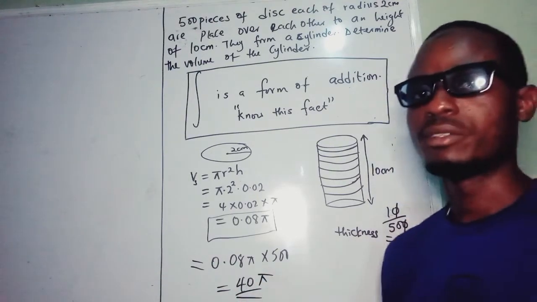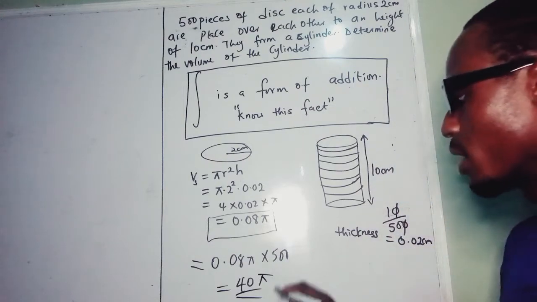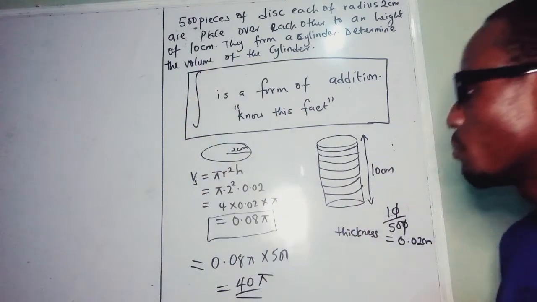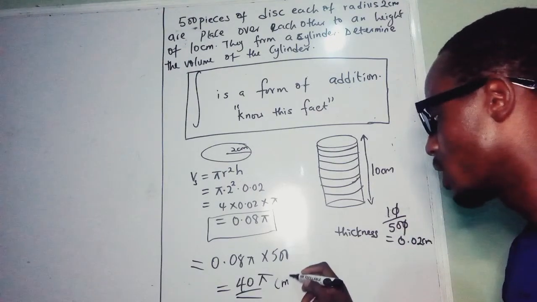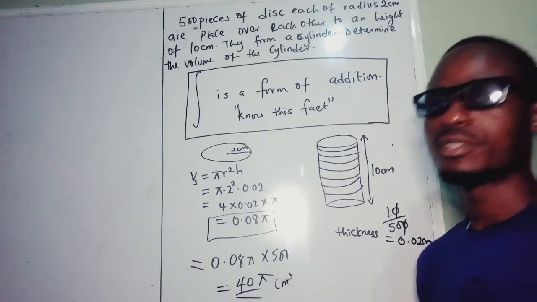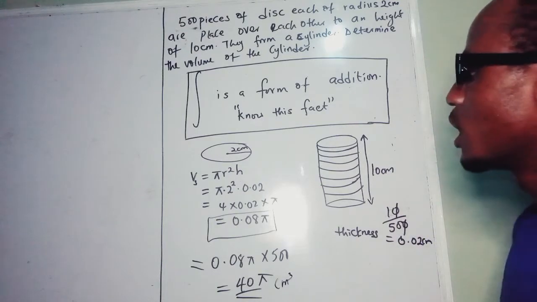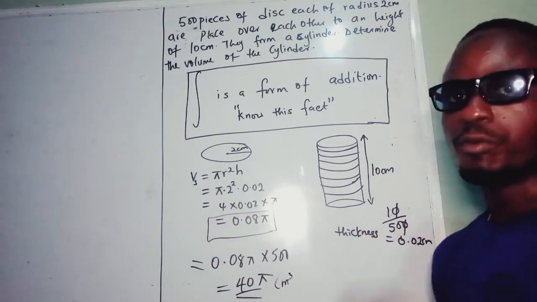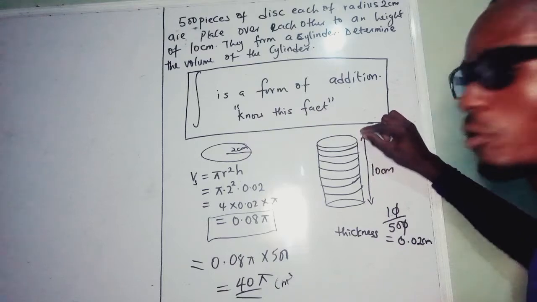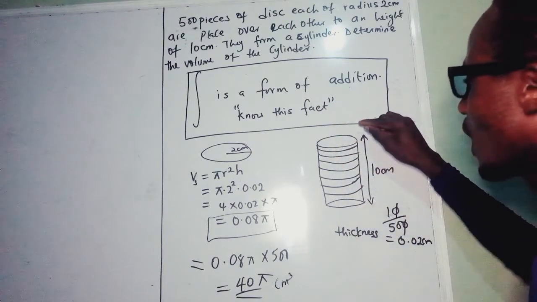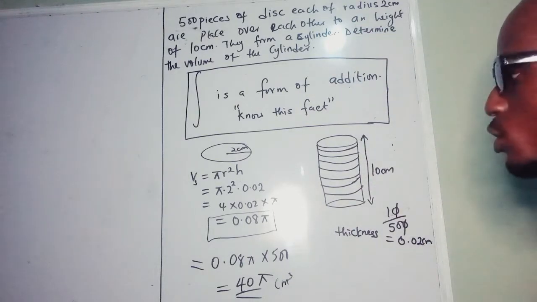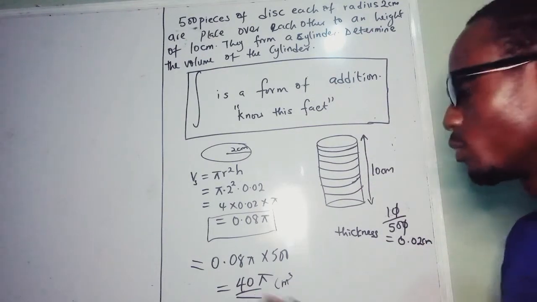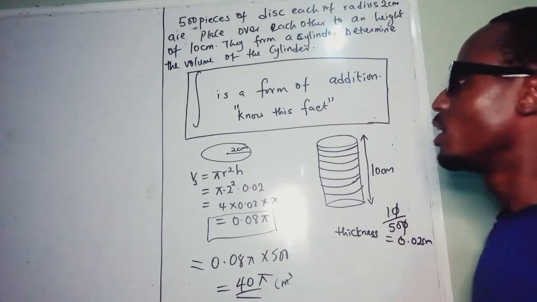I got 40 pi centimeter cube as the volume of the whole compiled cylinder. This is a form of addition: we know the volume of each disc, then add them up one after the other, up to 500 of them, to get 40 pi.